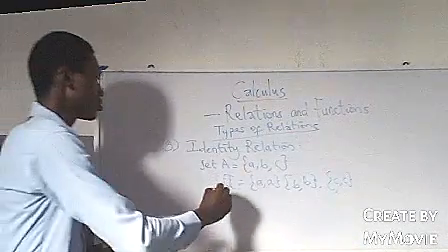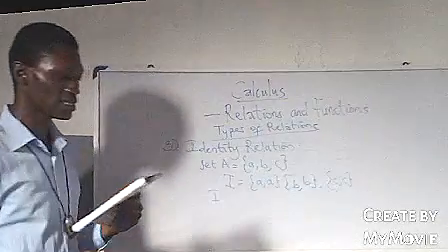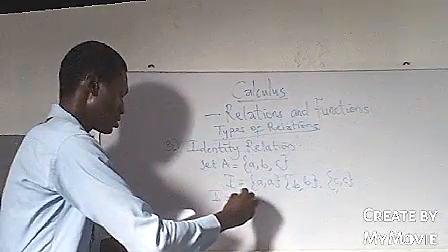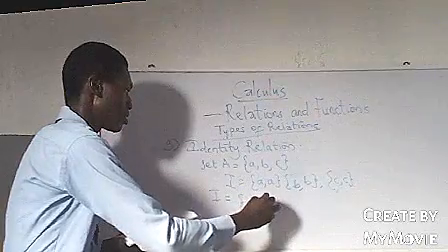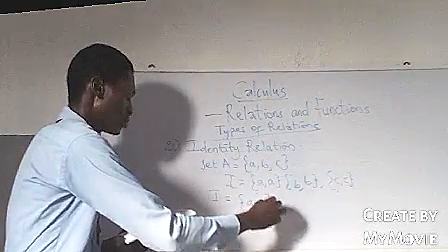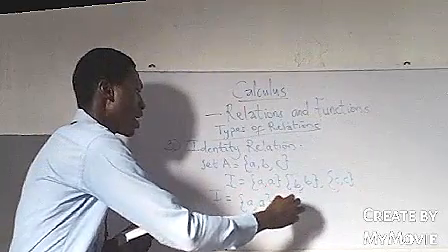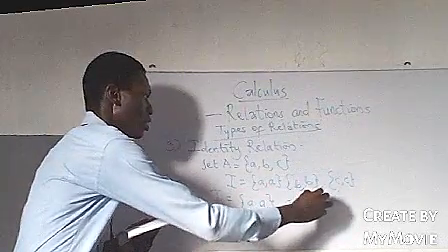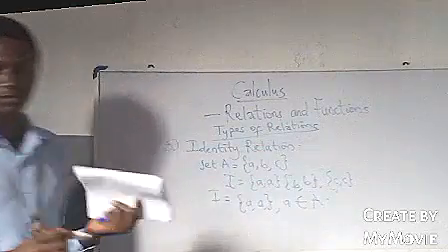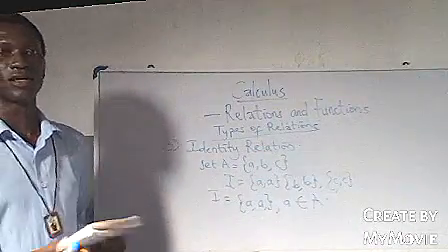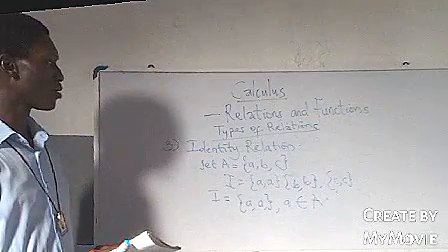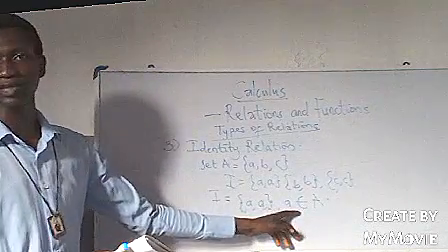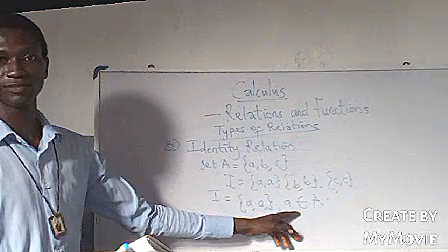So in summary, we can say that our identity relation is A related to A, where A is a member of set A. Now, we mustn't forget that this symbol in mathematics actually means member.